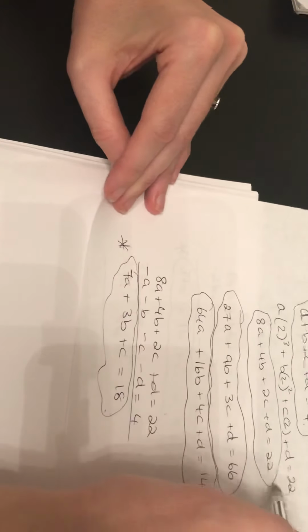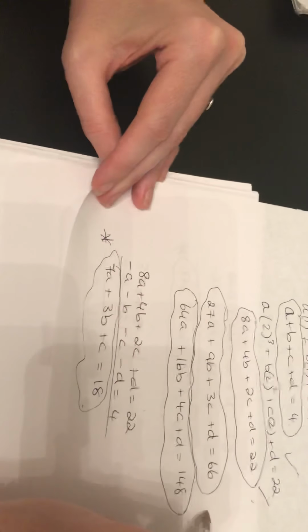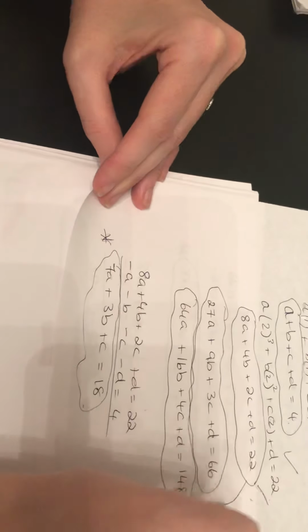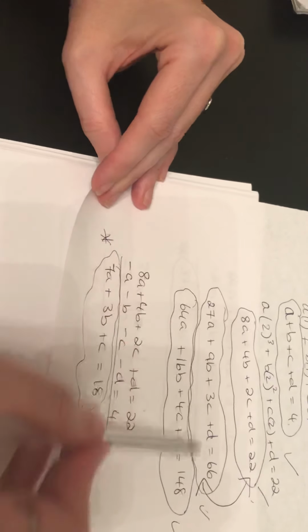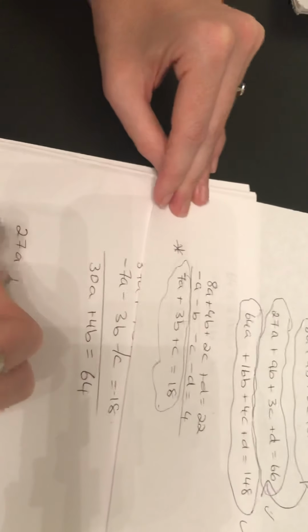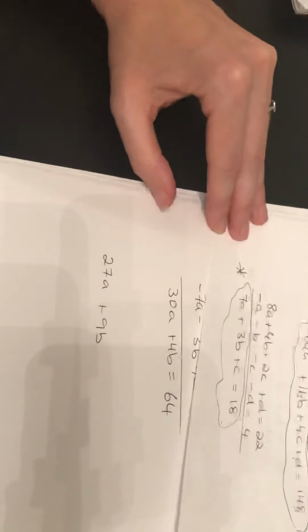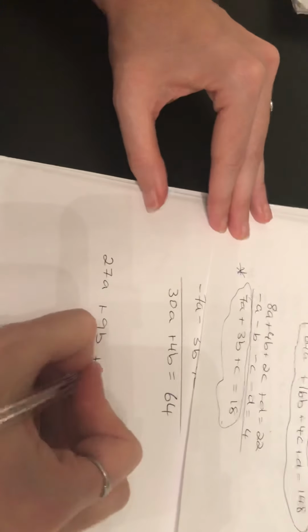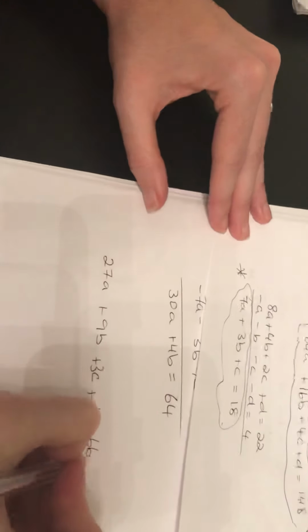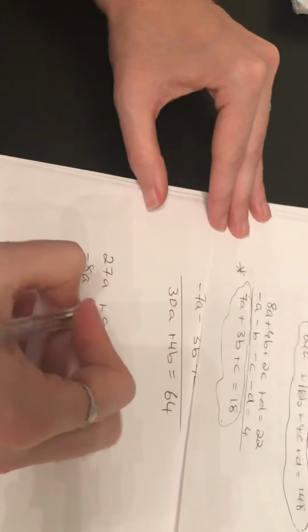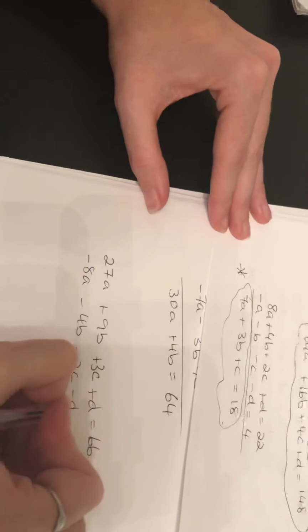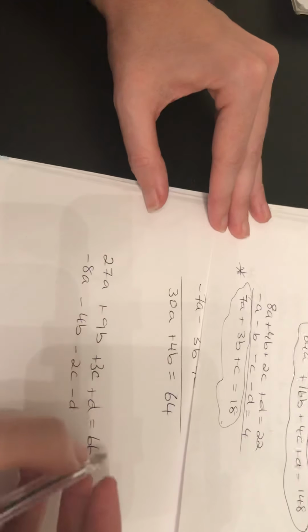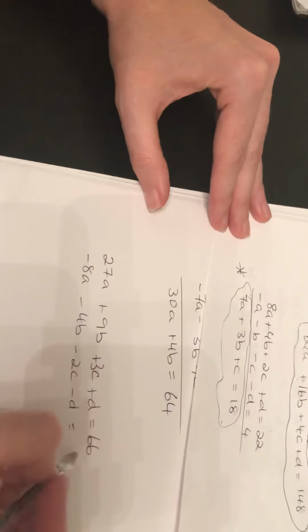So I'll take these two equations this time. So I had taken those two, and then I took these two. Now I'm going to take these two. I end up with, I'm going to leave this one here as it is, so 27a plus 9b plus 3c plus d equals 66, minus 8a minus 4b minus 2c minus d equals minus 22.